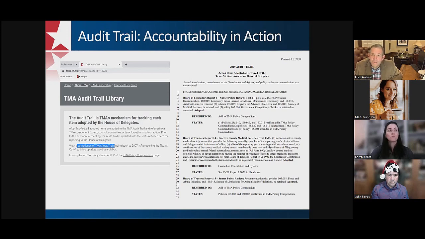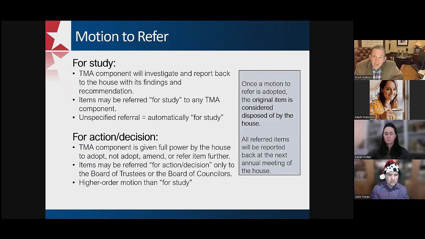Let's talk a minute about the motion to refer. When we adopted AIP, the motion to refer, you can refer for study, as we talked about, and we've already mentioned some words on that. But not to confuse people, refer for study is a motion that is outranked by a motion for action or decision. So if there's a motion to refer for study on the floor, and someone rises and says, I move to refer this for action or decision, then that takes precedence.